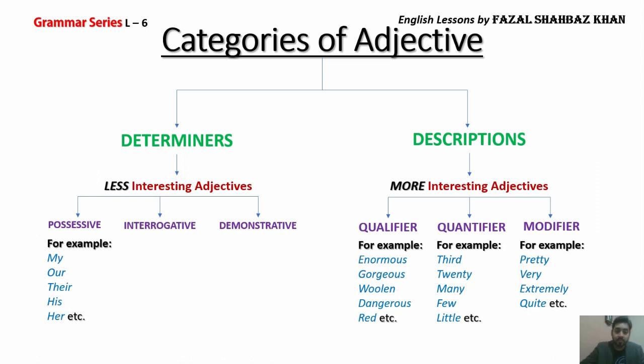That determines that there is something that belongs to me, or that shows belonging. Then we have interrogative adjectives. There are so many adverbs in the shape of what, where, why, when, and how, etc. These are different, I would say, the adverbs. We'll talk about them later. But what I have for you in the shape of interrogative adjectives are the chosen three: which, what, and whose. They replace the adjectives.